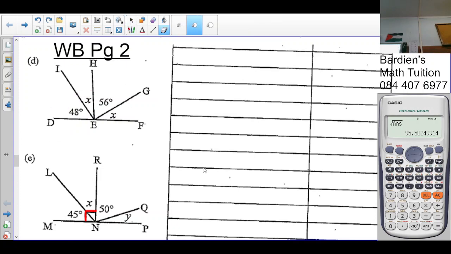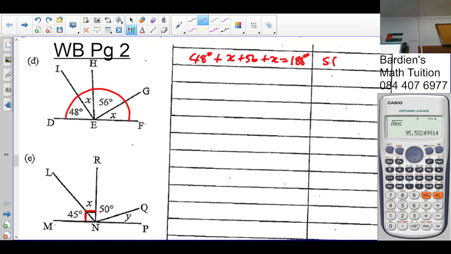So what do we say? 48 plus x plus 56 plus x equals 180. You all understand, people? Why? Angles in a straight line.